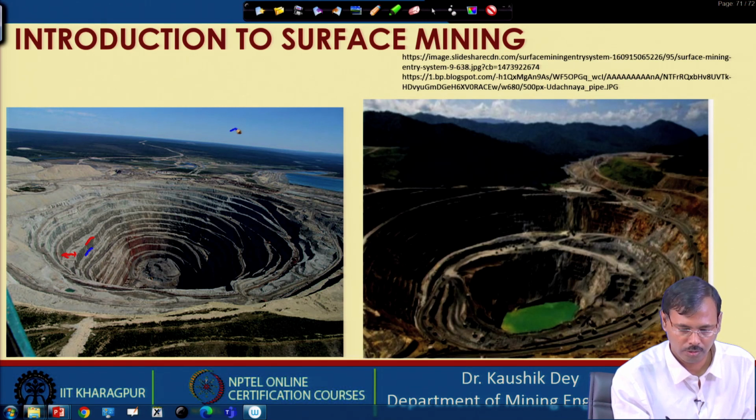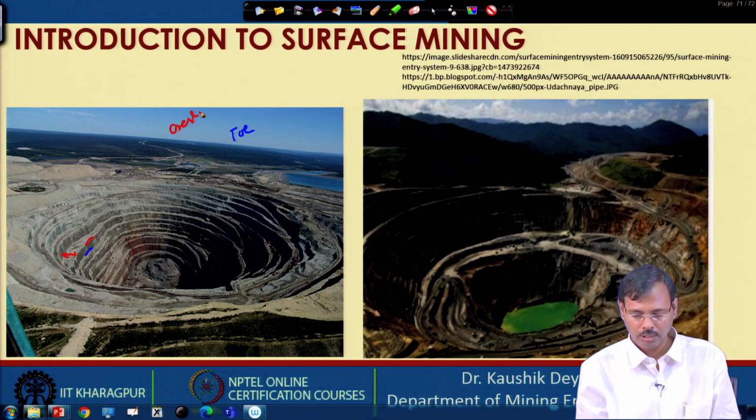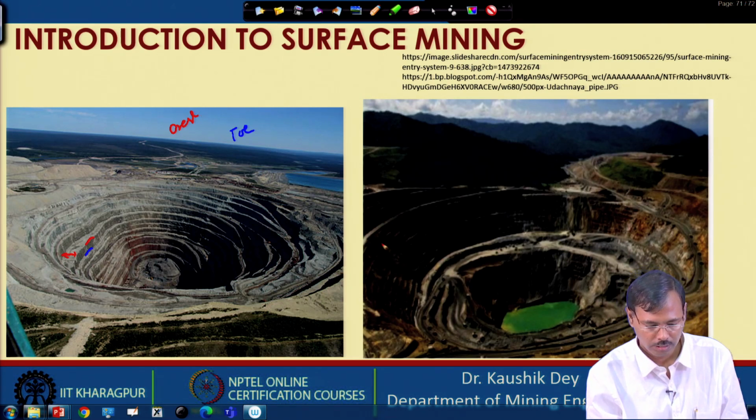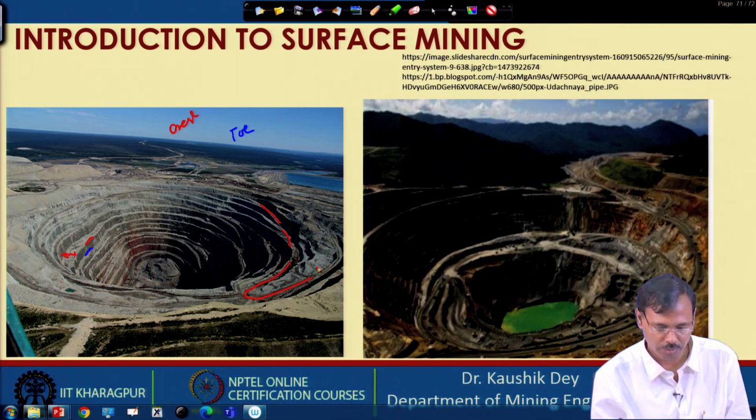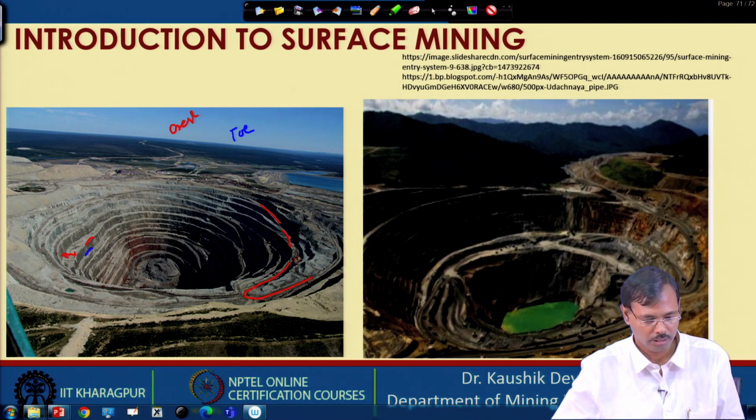Okay. So, toe, crest. In a similar way you can see, and these are the ramps, you can see these are the ramps. These are the ramps shown in the mine layout.